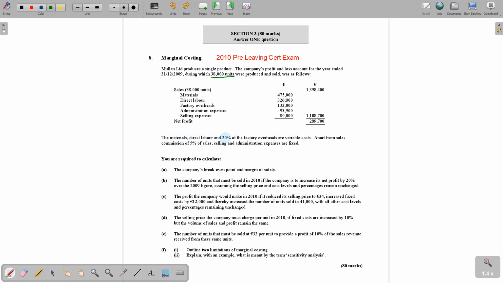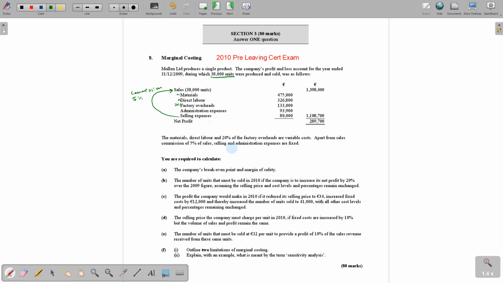We're told that the materials, direct labor, and 20% of factory overheads are variable costs. Then we're told that apart from sales commission of 5% of sales, selling and admin expenses are fixed. So for selling expenses, we have commission of 5% on the selling price, or just total sales, and we'll have a per unit basis and an absolute euro figure.